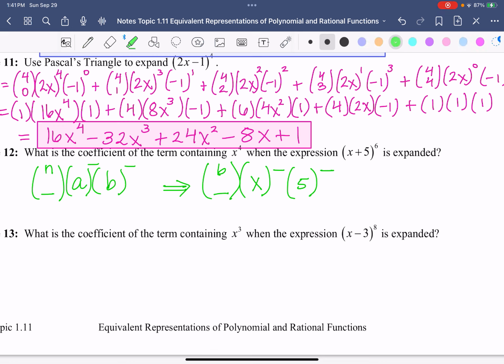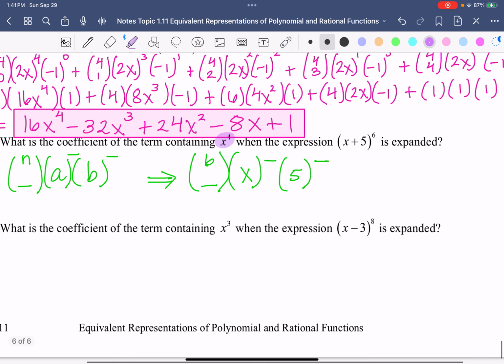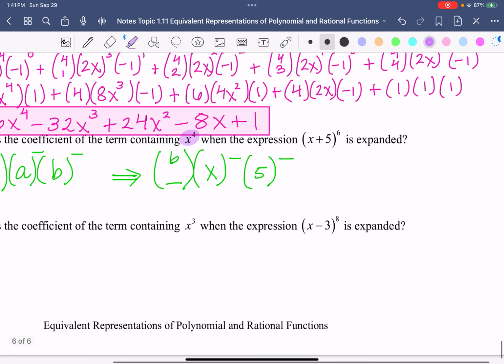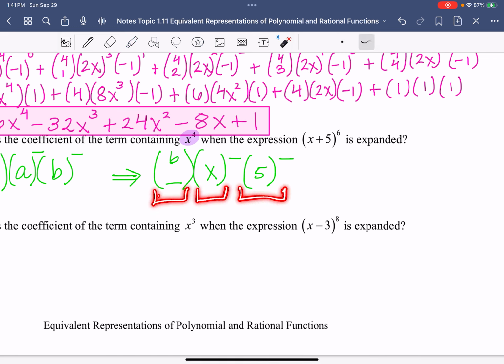Okay, now the question is asking us to find the term that contains x to the power of 4. Now, of these three terms, the only thing that has an x on it is this one. So the only way I'm going to get x to the power of 4 is if I make this also the power of 4.